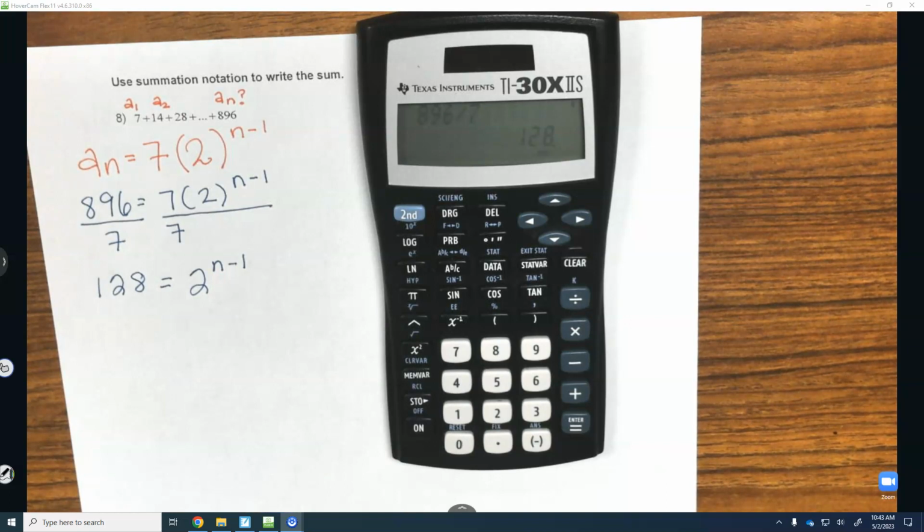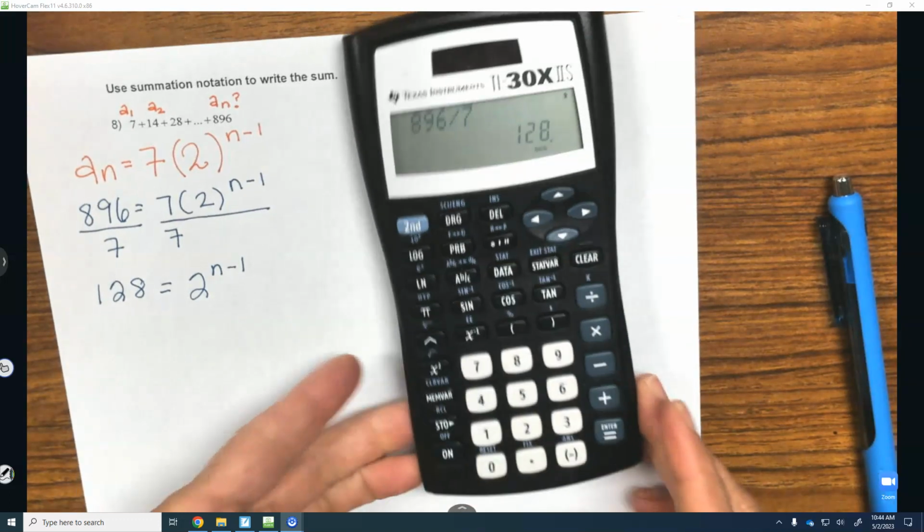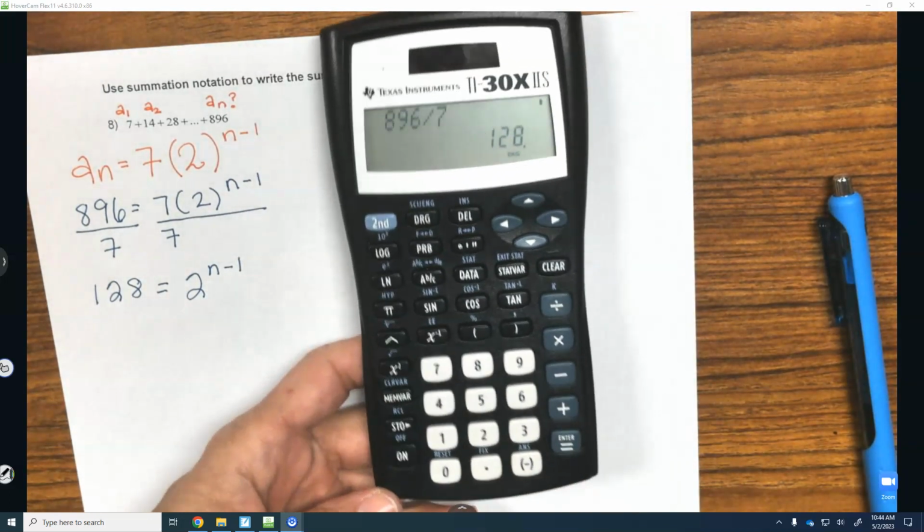Now listen, you have to solve for an exponent. When you solve for exponents, you either drop the base or you write a log. In this chapter, you're never going to have to write a log, which means 128 has to be a power of 2. I can't do prime factorization on this calculator, but I know it's going to be a power of 2.